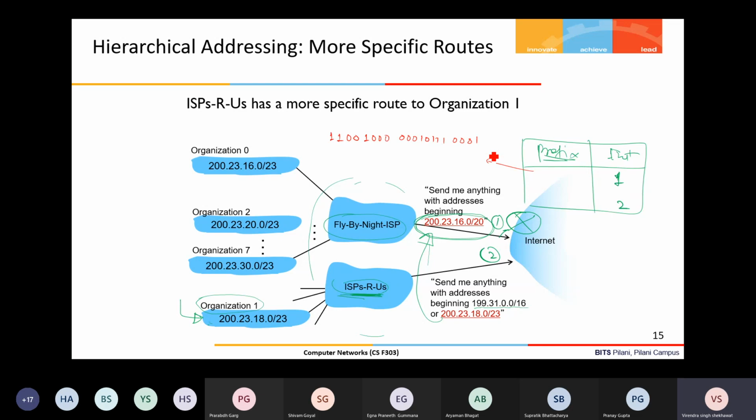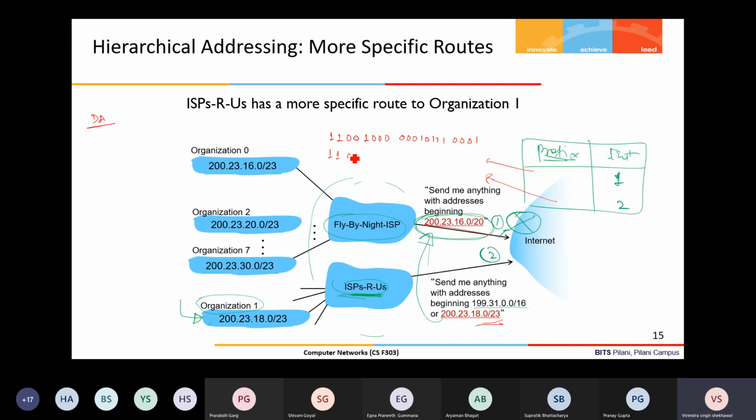We'll take one destination address example and see. If it matches this prefix, it is supposed to be forwarded in this direction, so this is interface 1. And for this prefix, this is a /23 prefix.